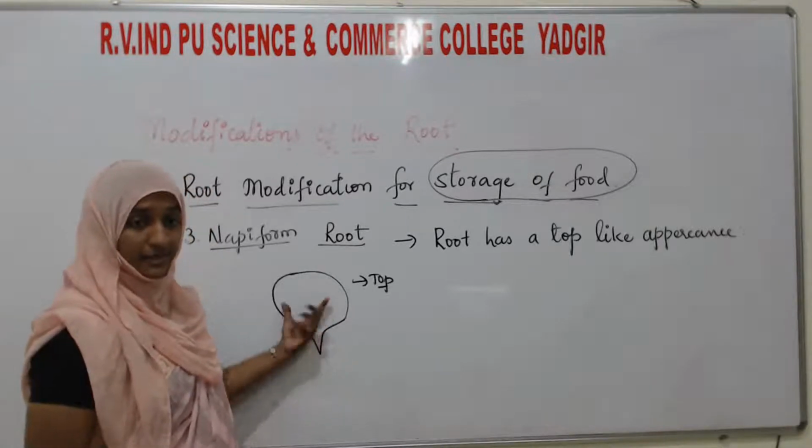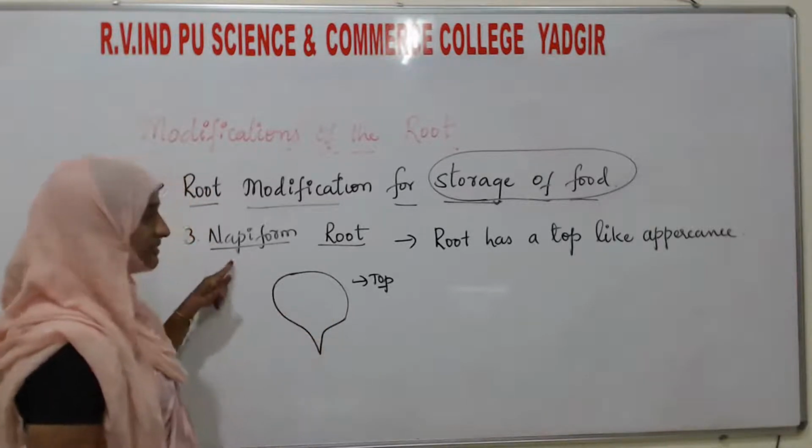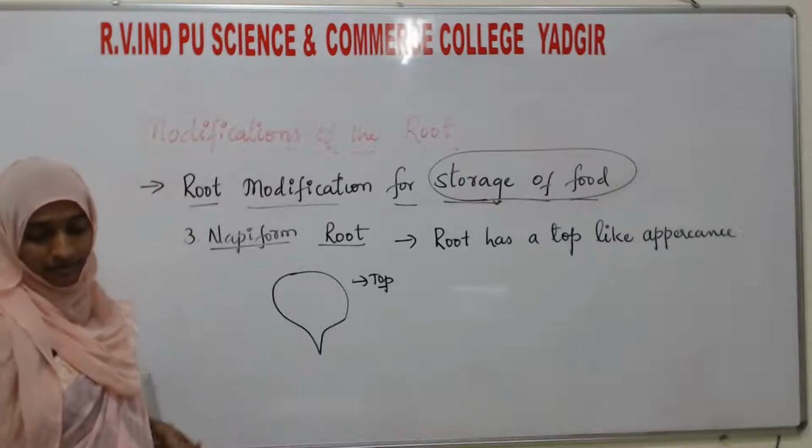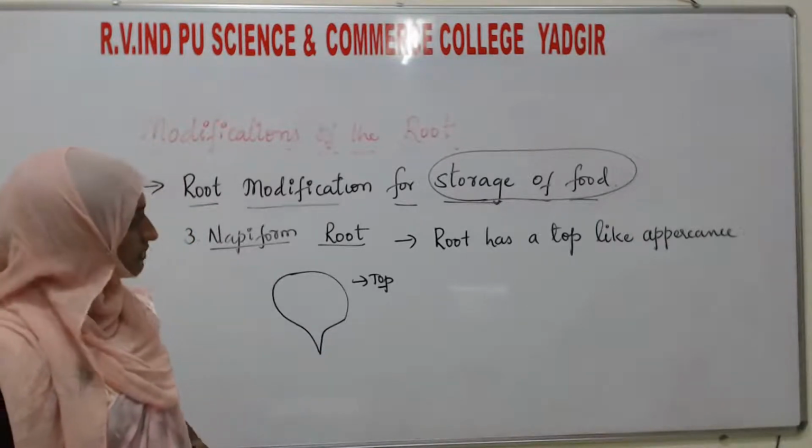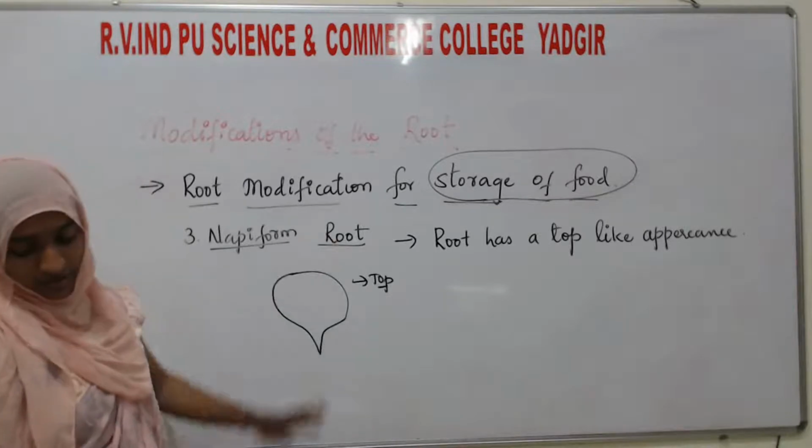That sudden tapering end is seen in which type of root? That is the napiform root. First of all, this type of root has a top-like appearance.